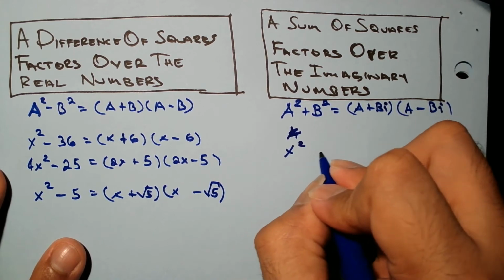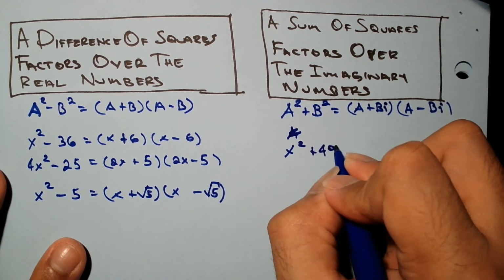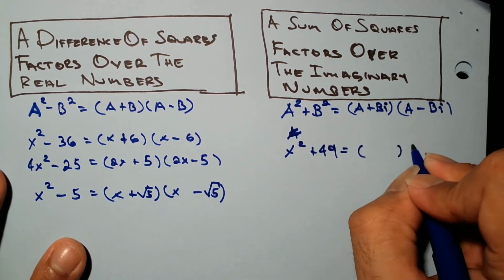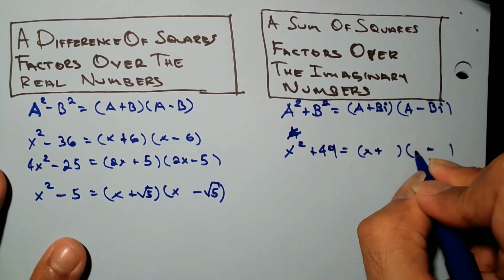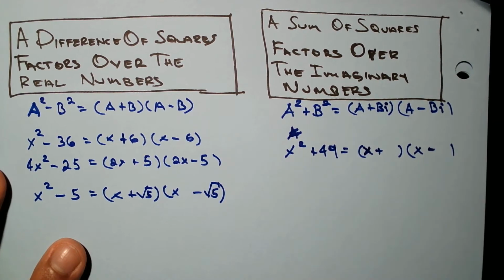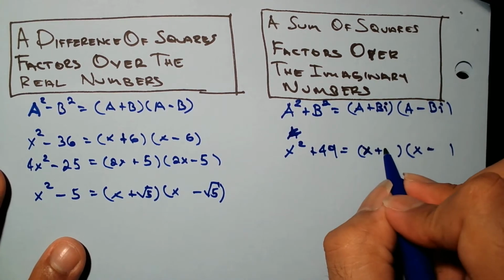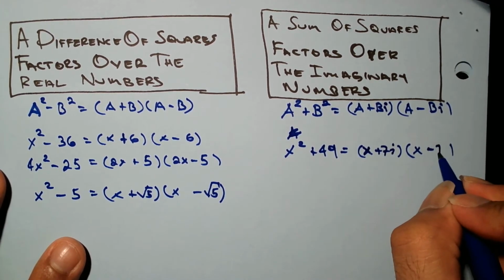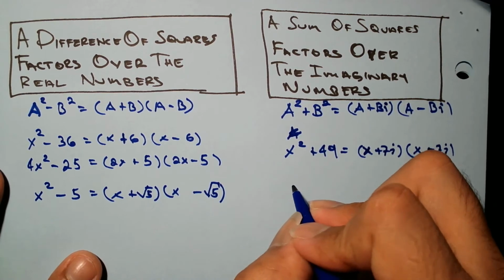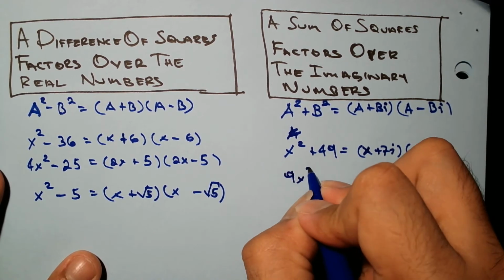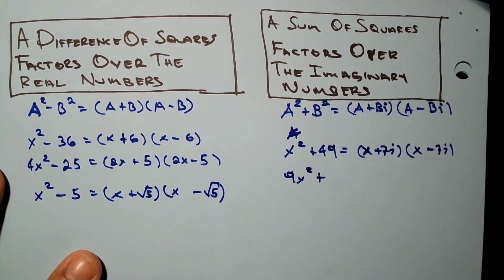As an example, x squared plus 49. I'm going to factor this: a plus and a minus, x and x, and plus 7i and minus 7i. I'm going to do the same for something like, maybe 9x squared plus 64.